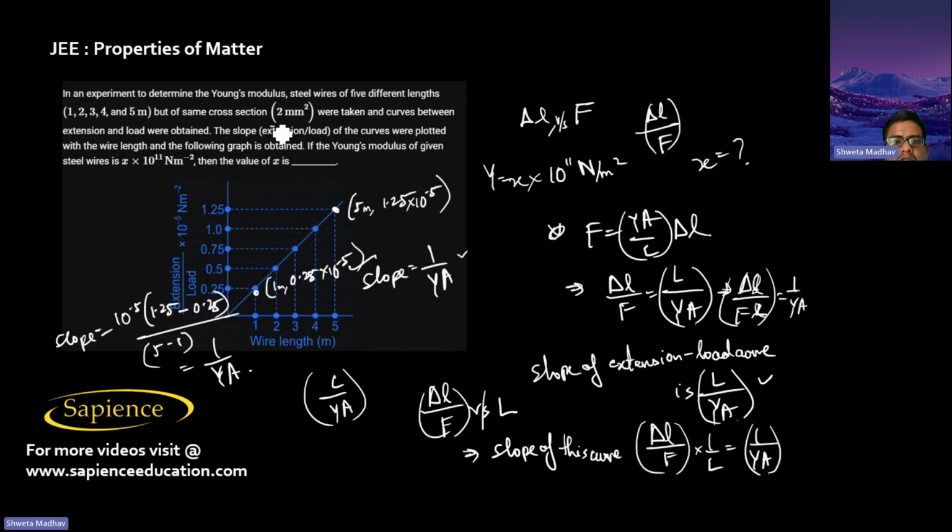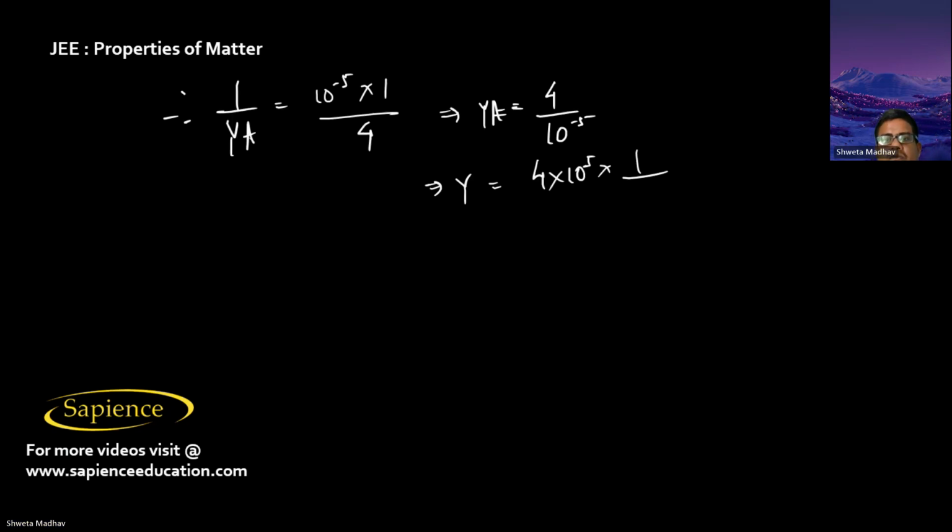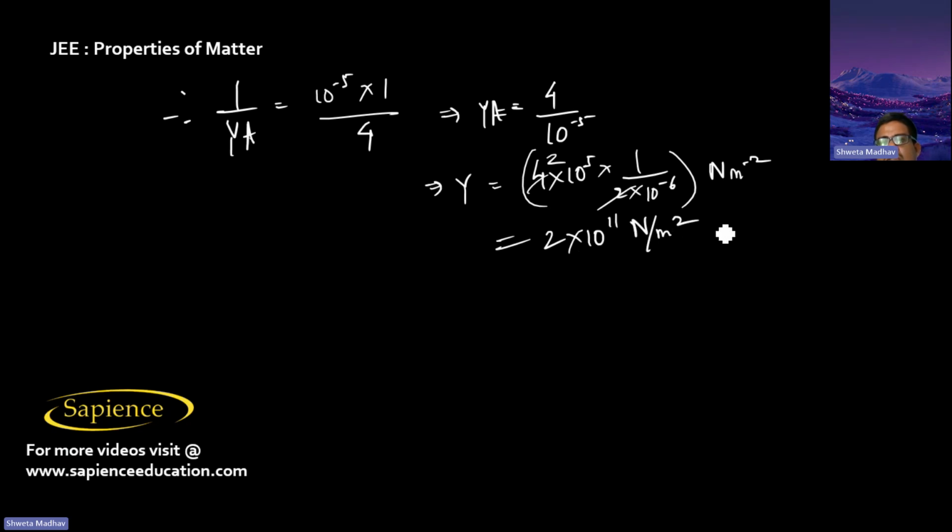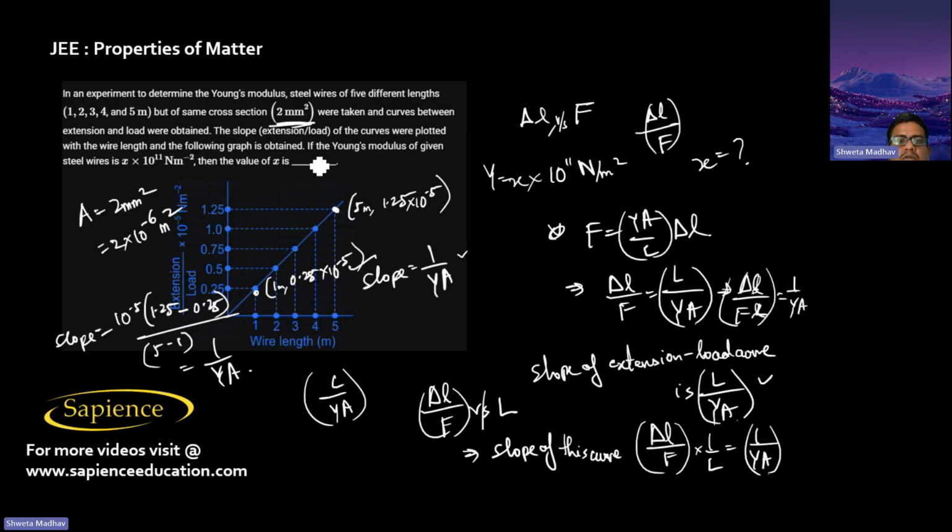Now here the area of cross section is told 2 millimeter square, which is equal to 2 into 10 power minus 6 meter square. This 1 by 2 into 10 power minus 6. So this much will come in Newton per meter square. Young's modulus, this will be 2 2s are 4. So 2 into 10 power 11 Newton per meter square. So therefore the value of x will be 2. So x will be 2. So 2 is the answer.